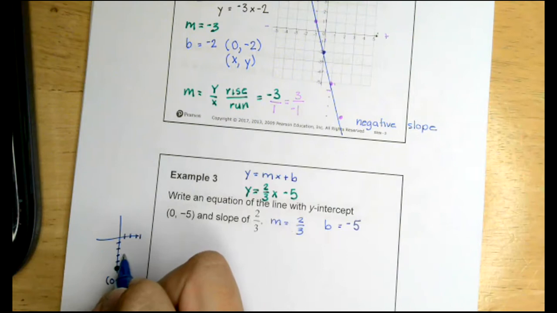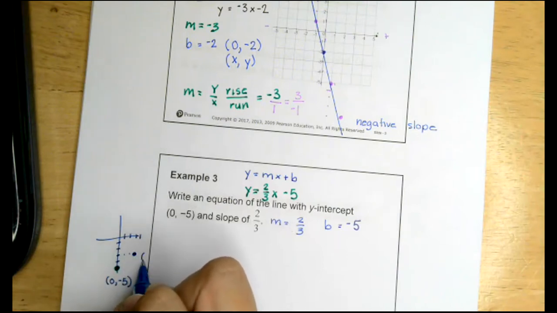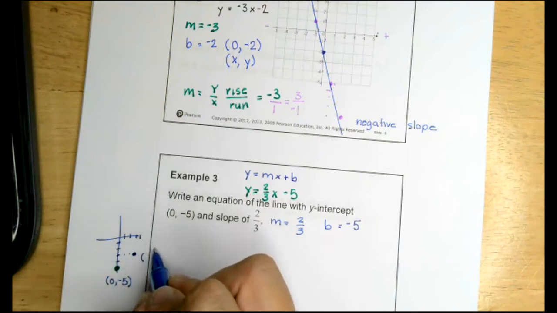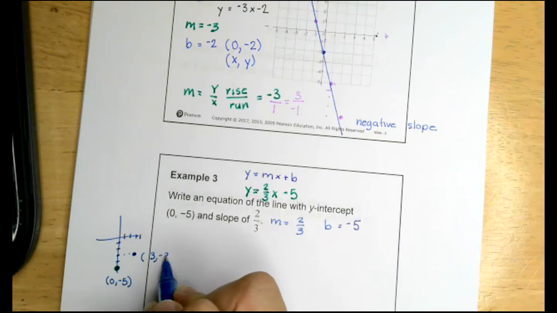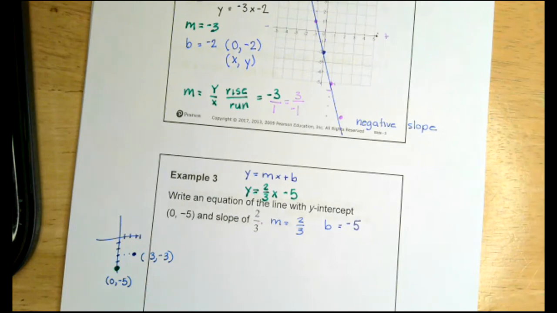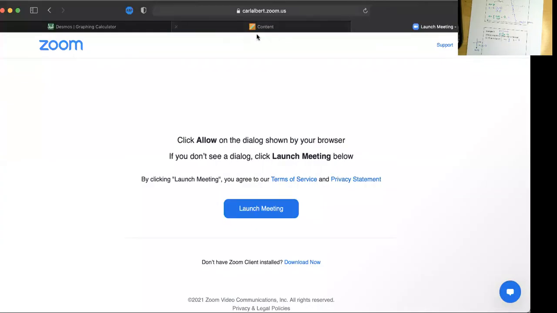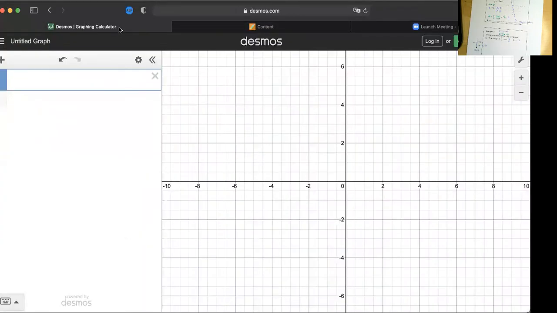Let's do it. 1, 2, 1, 2, 3. Now this point is 3, -3, right? So now in Desmos, I can check and make sure that that equation suits my 2 points, okay?